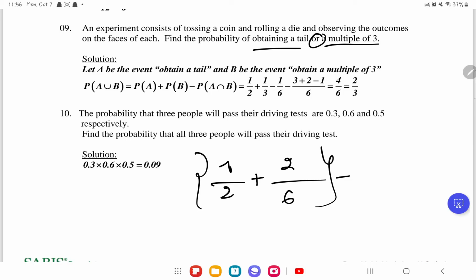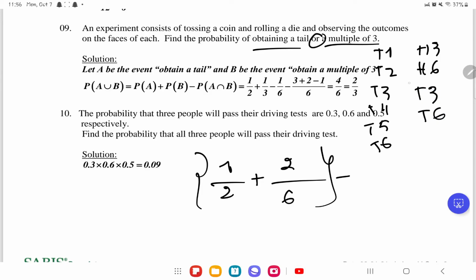What's the intersection? We said obtaining a tail is tail 1, tail 2, tail 3, tail 4, tail 5, and tail 6. And obtaining a multiple of 3 is head 3, head 6, or tail 3, tail 6. If you notice, we have tail 3 and tail 6 repeating.